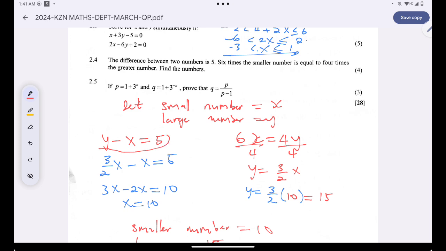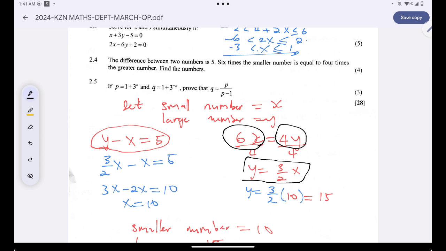That's what I just did there. Big number minus the small number is 5. And then I'm also told that 6 times the smaller number is equal to 4 times the bigger number here. Are you together? And then what I did was to just isolate y.